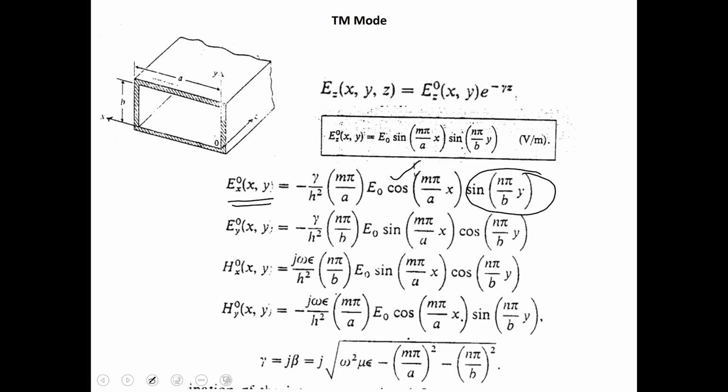Why is that? Well, what is Ex? Ex is a field which is pointing in that direction.